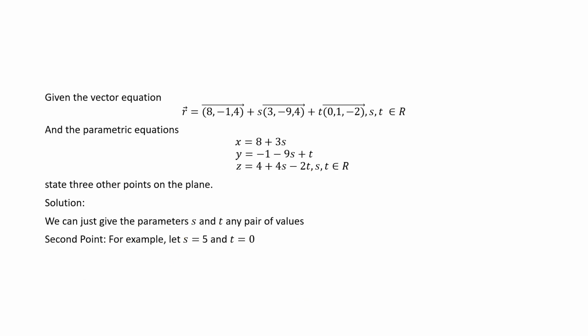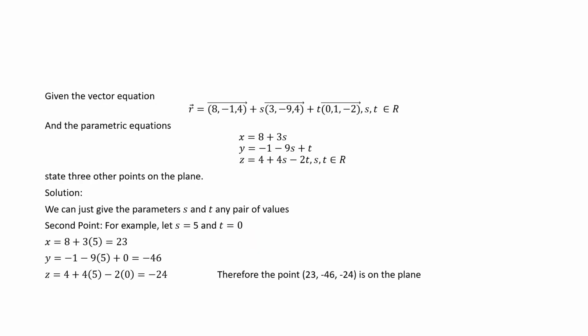Now we'll say, okay, let's let s be 5 and t be 0. That's a fine enough pairing. If we do that, then 8 plus 3s will be 23, and -1 minus 9s plus t will be -46, and 4 plus 4s minus 2t will be -24. And so a point on the plane will be (23, -46, -24).